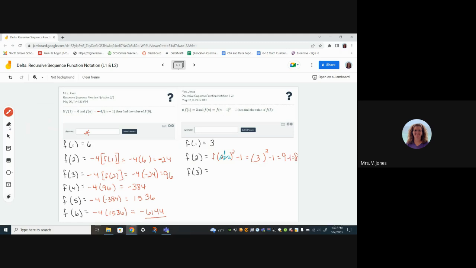So we just found that f sub 2 is equal to 8. Okay, because we're taking the answer before that, squaring it, and then subtracting 1. So if you take the one before that and you square it, that gives you 9, and then you subtract 1, you get the 8. So f sub 3, we're going to take the one before it, which was 8. We're going to square it, and then we're going to subtract 1, which gives you 63. So you would put 63 right there. I'll go ahead and put those numbers in so there's no confusion.